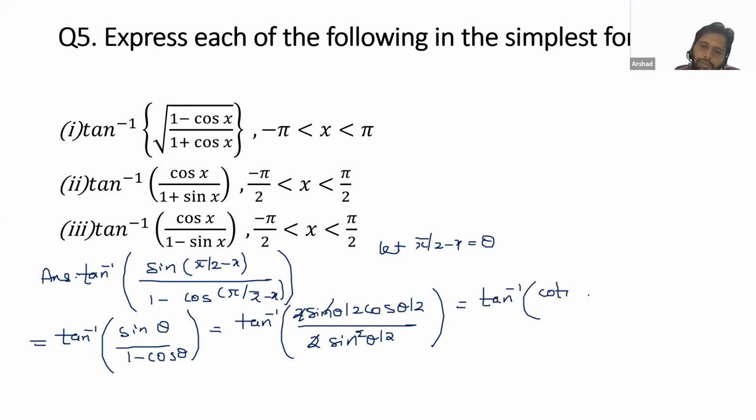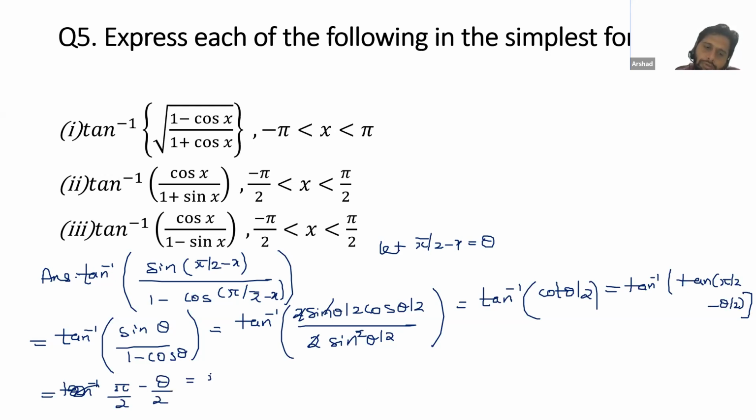Okay, but we need a tan here. So what we will do, in the bracket we will write tan pi by 2 minus theta by 2. So here you will get tan inverse tan, so you will get pi by 2 minus theta by 2.